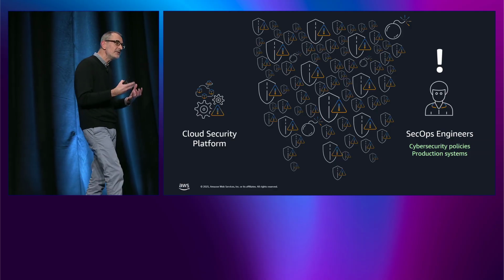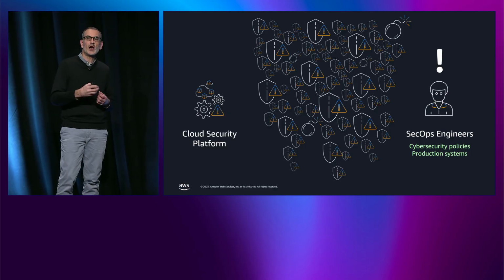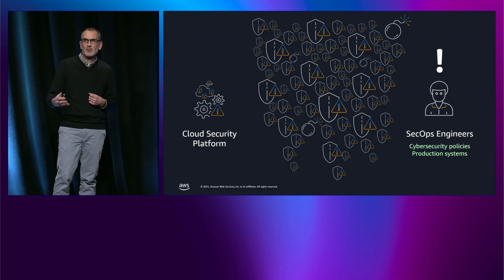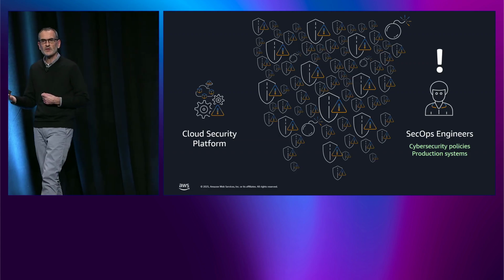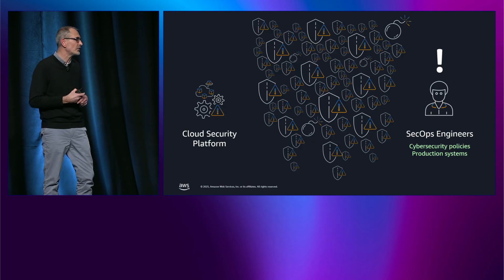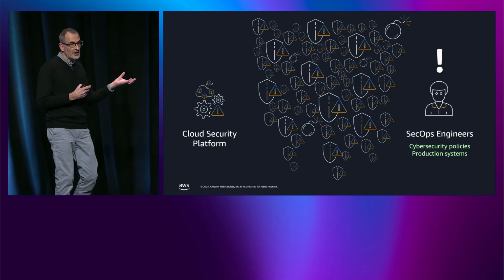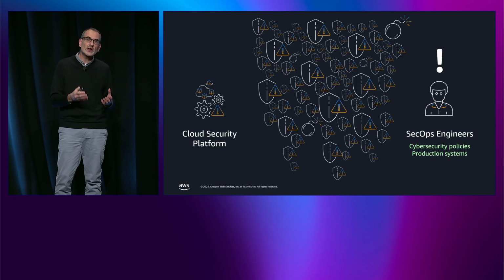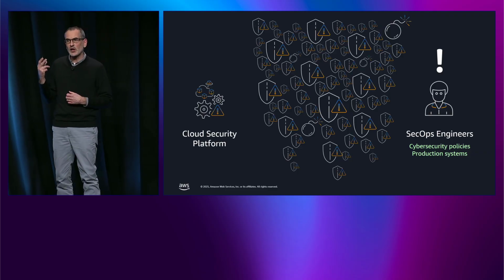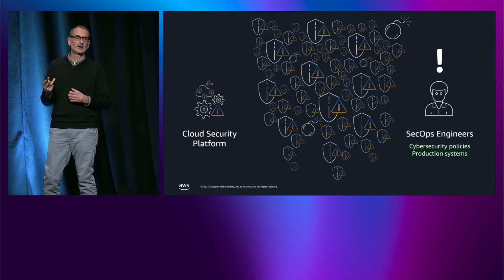Given the number of issues and the complexity of production environments and the possibly punishing timelines for fixing known issues, particularly if you're in a regulated industry, then these SecOps engineers are going to have to triage and prioritize. And they're going to have to prioritize on at least two factors.